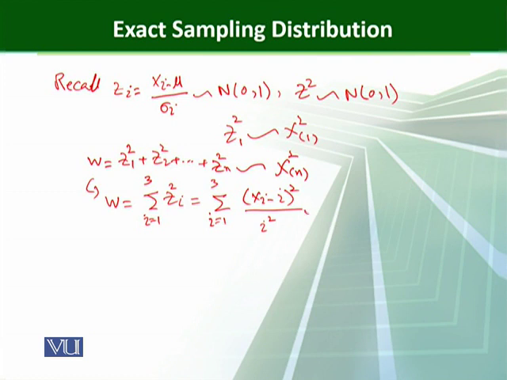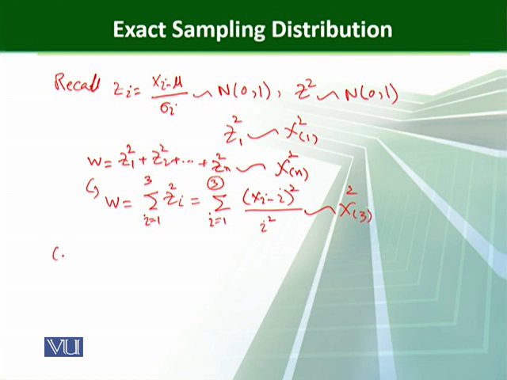And this is basically the chi-square distribution. As I said, this is a normal distribution, and that is chi-square with 3 degrees of freedom.